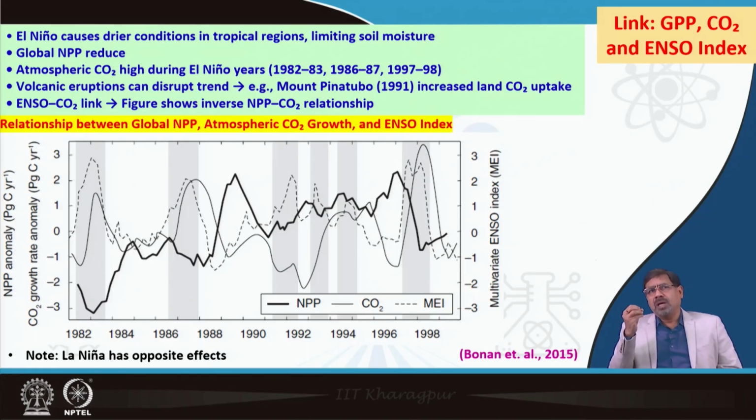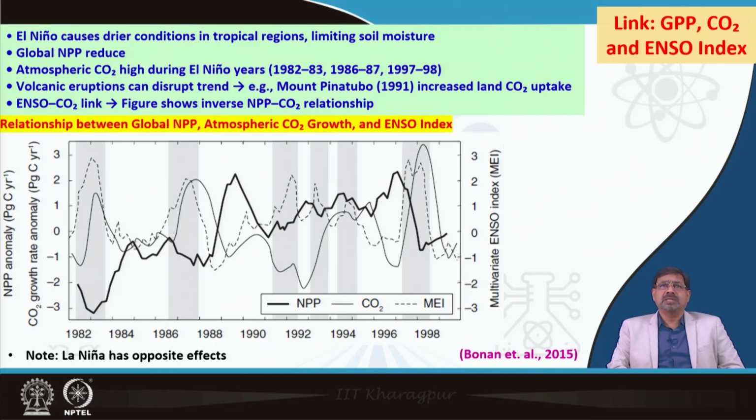So if in El Nino years the productivity is less, that means less withdrawal of carbon dioxide from the atmosphere by the process of photosynthesis. So in turn the atmospheric carbon dioxide concentration is high during the El Nino years, which has also been reported during 1982 to 83, 86 to 87, 97 to 98.